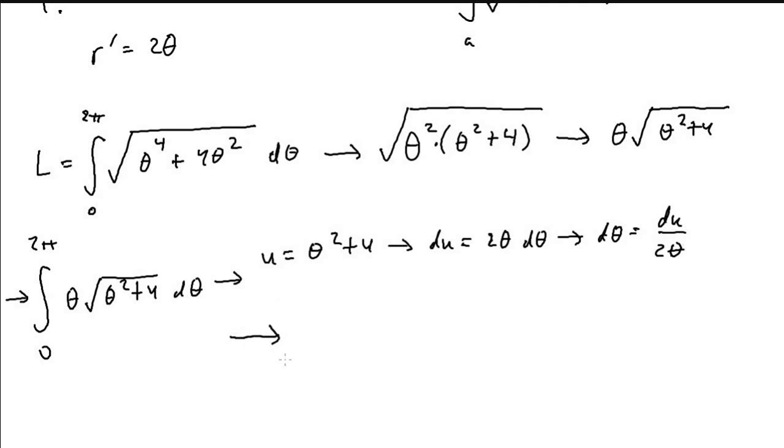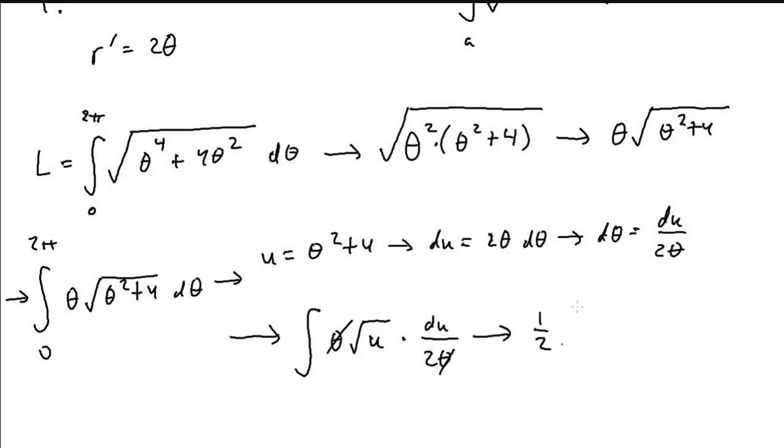If I plug that in for d theta, we'll get the integral of theta times the square root of, remember I made theta squared plus 4 the u, so I'll replace that with u, times d theta, which is equal to du over 2 theta. Notice the thetas will cancel, and I get a 1/2, which I can take outside the integral since it's a constant.